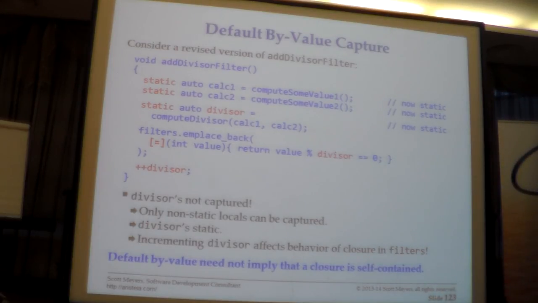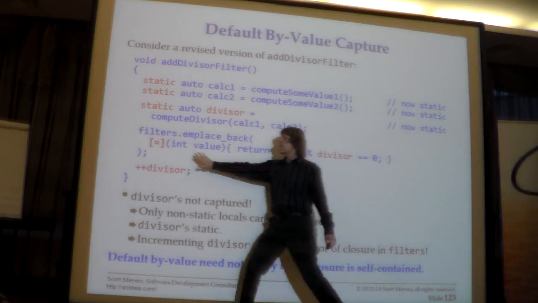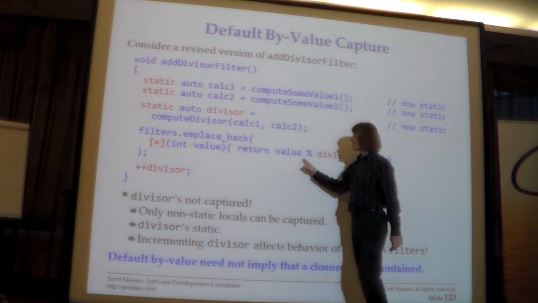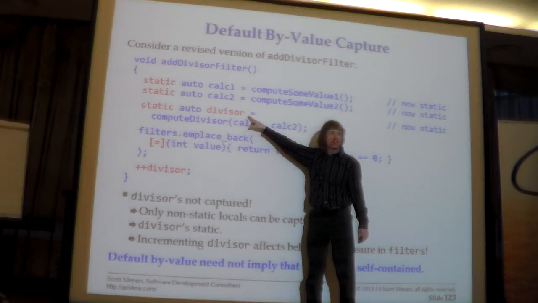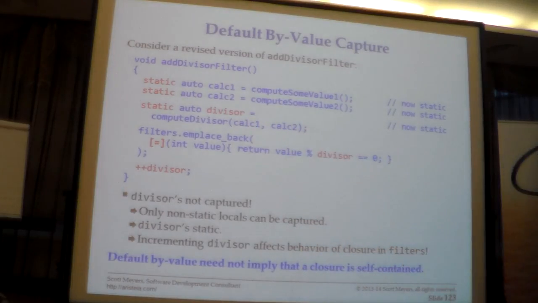And the reason for that is because only non-static locals can be captured. You can't capture things that are static. Now, this code will compile, but this does not capture anything at all. This lambda is going to refer to this chunk of memory directly. It's not making a copy of it. Which means that default by value does not imply that a closure is self-contained.